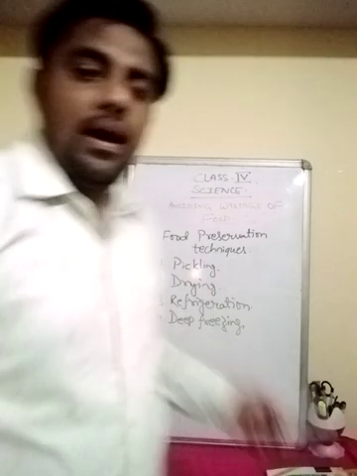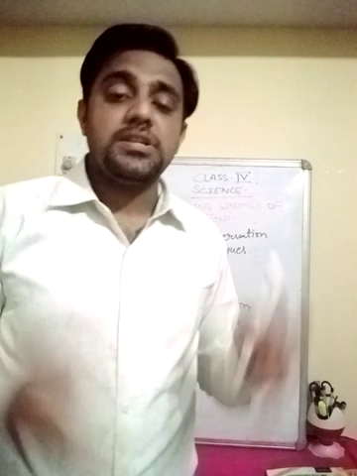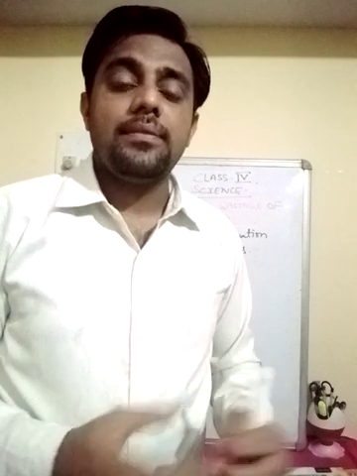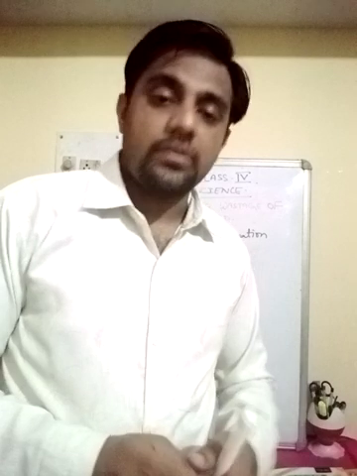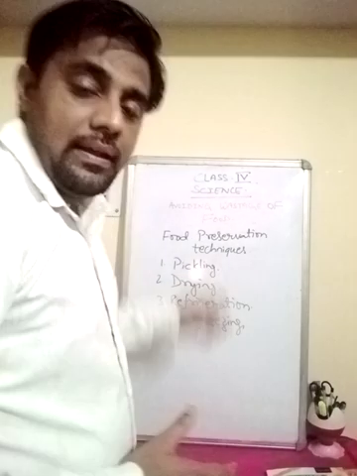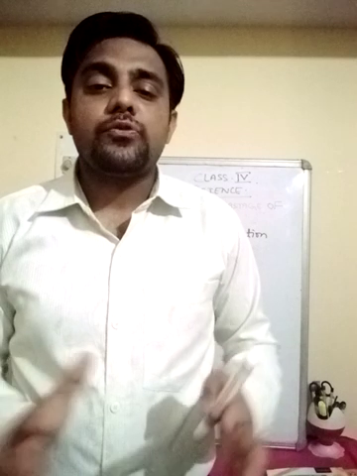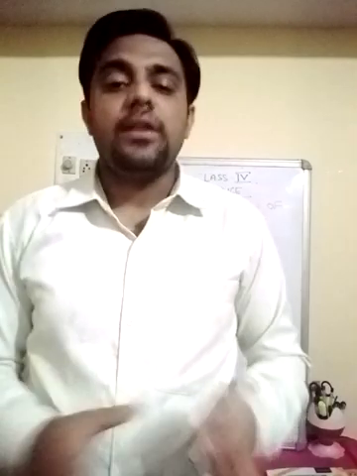Okay, these are four methods through which fruits and vegetables, especially vegetables, can be preserved for a very long time. The first method is pickling. In this method, the chopped vegetables or chopped item is mixed with a large quantity of salt and oil.